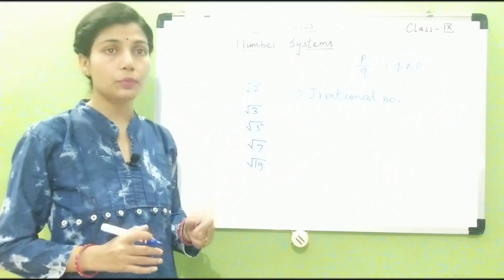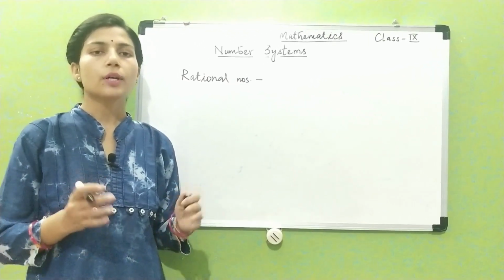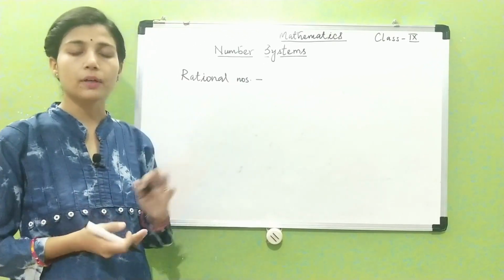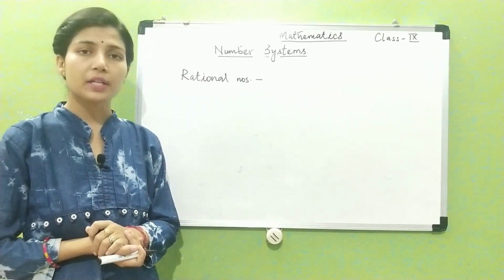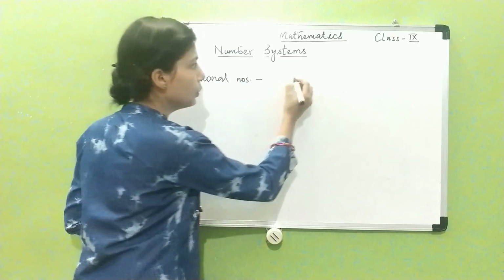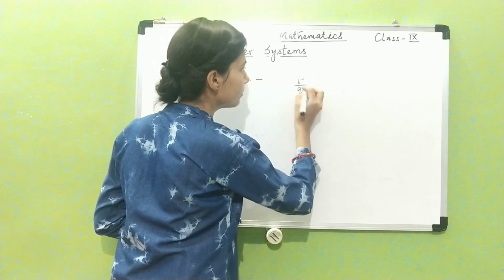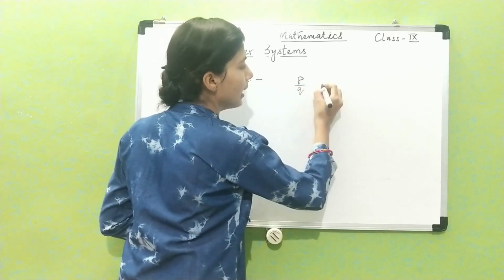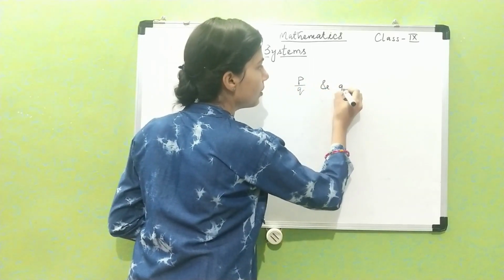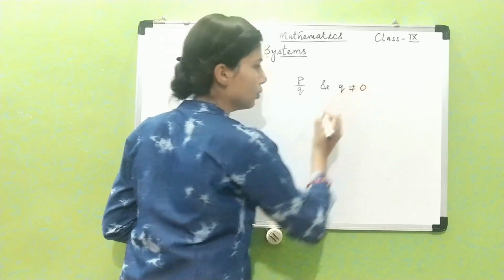So it should be clear now. What we have learned about rational numbers: those numbers which can be expressed in the form of p upon q, and q never equals 0.